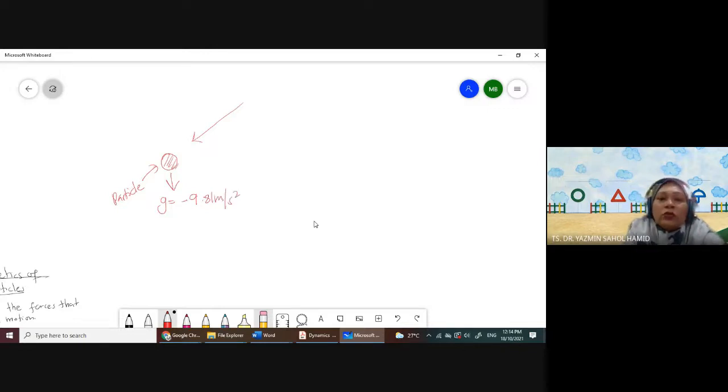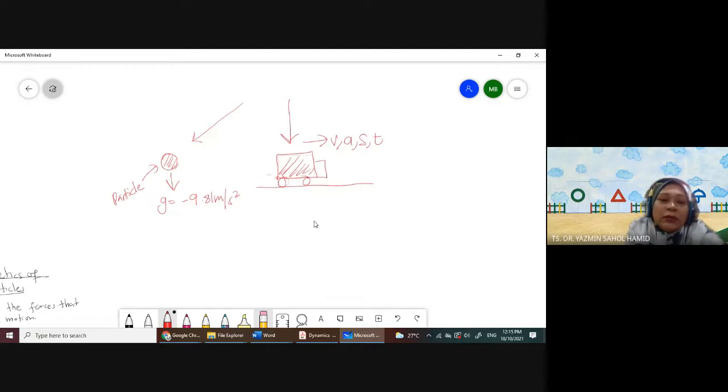And then you can also have a question where you have a particle, for example, a car, moving in a straight line. It has a velocity, acceleration, position, and time.